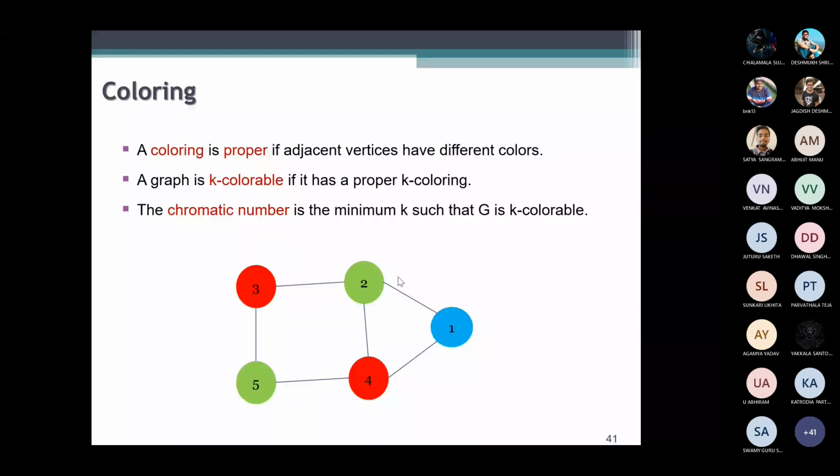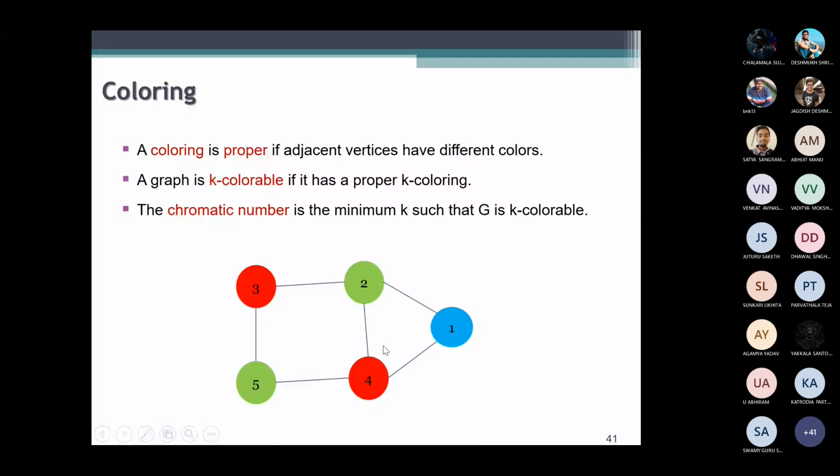The chromatic number of a graph is the minimum value of K for which it is K colorable. Just say for this graph, this is also a 5 colorable graph. Why? Because I can use 5 different colors on different vertices. It is also 4 colorable. Okay, we can use 4 colors also, such that the graph has a proper coloring.